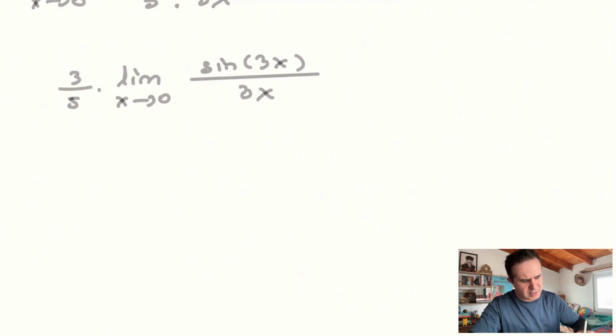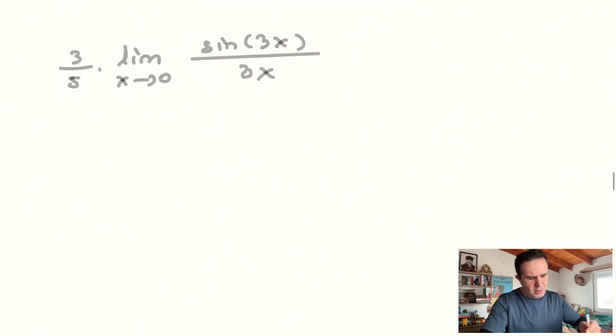Now you can say that this is equal to 1 also, because we know that the limit as x approaches 0 of sine x over x is equal to 1. Since 3x goes to 0, we can say that sine 3x over 3x is also 1.